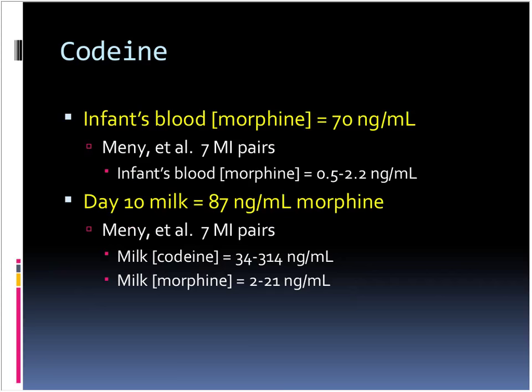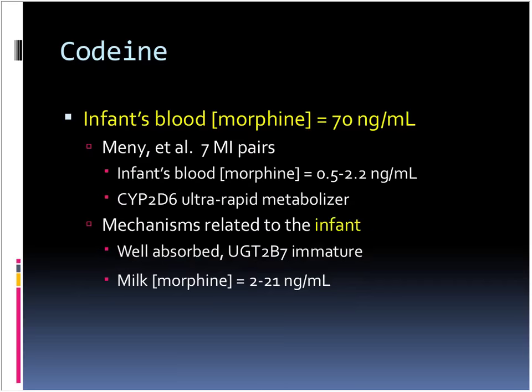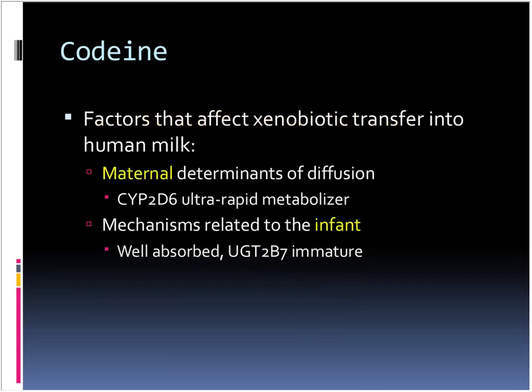And then the morphine concentration in the milk in that same study was much higher than what had been reported before. So what exactly went on here? Well, if you think about those factors we talked about before, xenobiotic transfer into human milk. The mother in this case was a CYP2D6 ultra-rapid metabolizer.